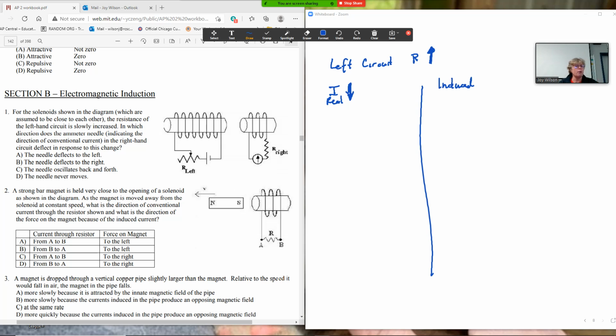So we have to think about what's going on here to figure out what our magnetic field is, what our electric field is, what our induced current is, and what our induced voltage is. We are making the current go down. Current is decreasing. So current goes down, so the induced current needs to be in the same direction as the original.